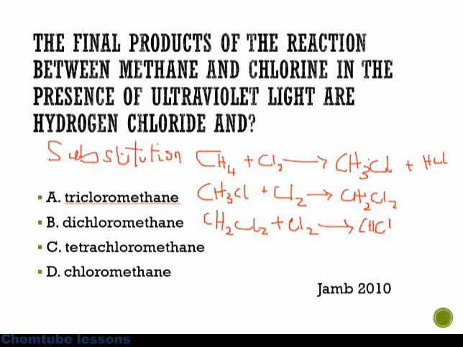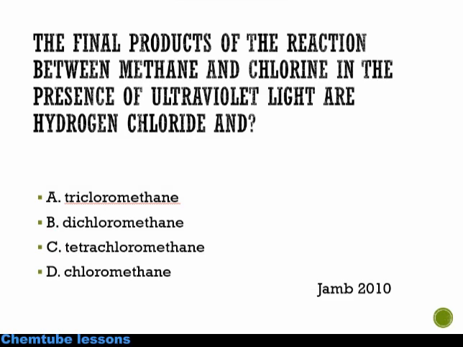So 3 chlorines. So trichloromethane would continue the reaction to give us tetrachloromethane, which is CCl4. Okay, so when all the hydrogen has been substituted for chlorine, the reaction stops. So the answer to this question is C. Okay, so remember the reaction is called a substitution reaction. So let's go to the next question.